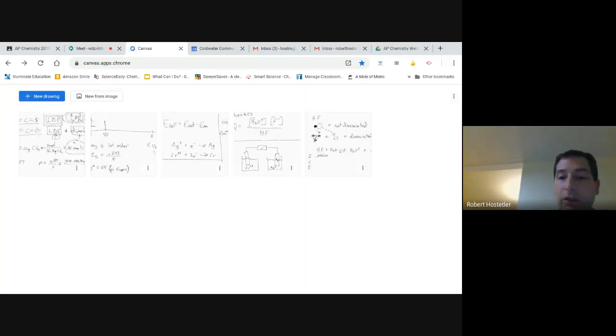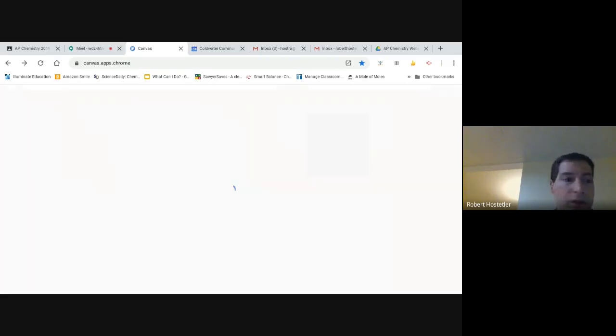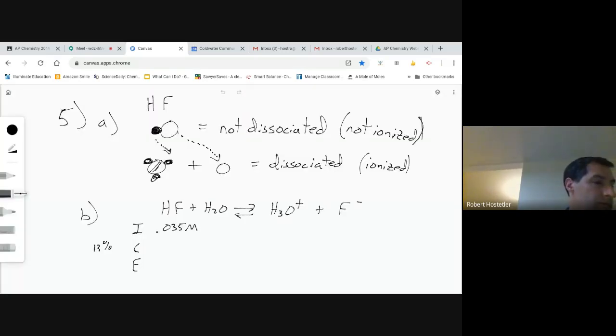Let's look at the next part, which I think is this one. In question 5, they give you a weak acid, and they want you to talk about it being dissociated or not, and they tell you that only 13% of it gets dissociated. They want to know which picture represents that. Well, you kind of need to know what the little symbols in there look like. So if it's looking like that, that's an HF that's still together.